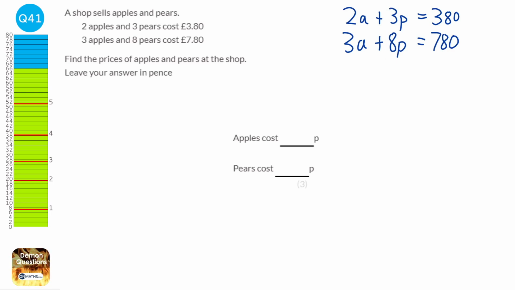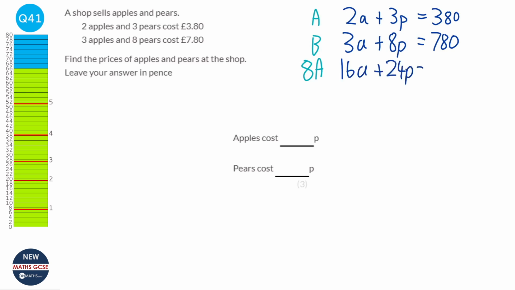And what some people do is they just label this A and this B. And so what we're going to do here is we're going to multiply everything in equation A by 8, so that this becomes 24. So it's going to become 8A. And so we're going to times the 2a by 8, which will be 16a plus 24p, and 380 times 8 is 3040.